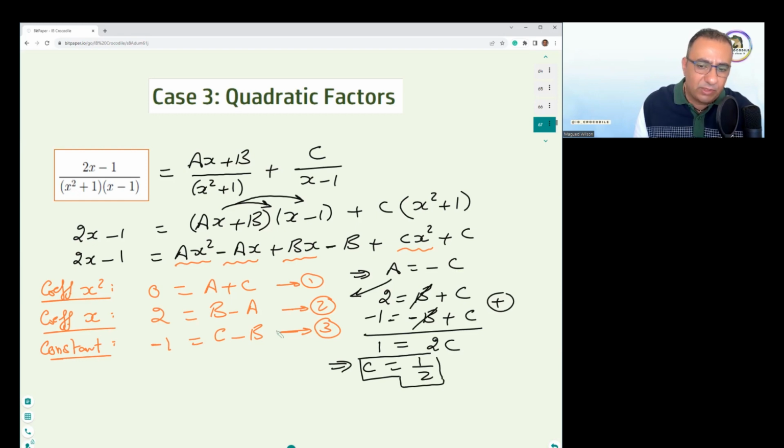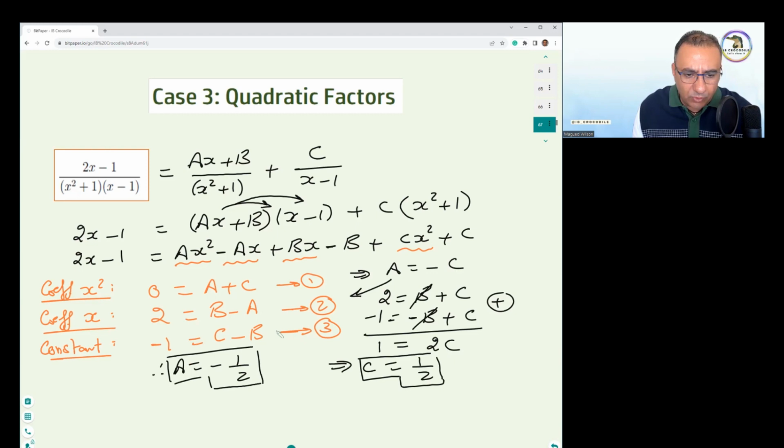Now we've got a right away because a is negative c, so a is also negative 1/2 because we have c already, right? Now we can apply in any of the equations to get b. It's up to you. So let's substitute in equation 2.